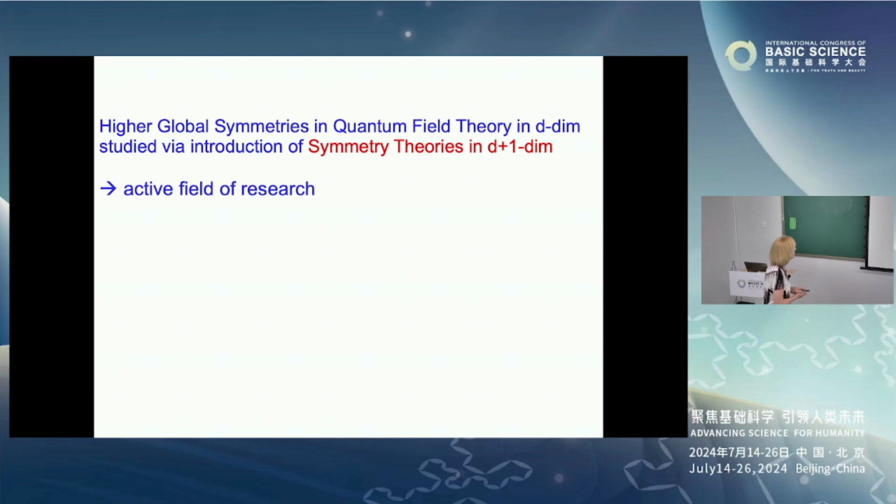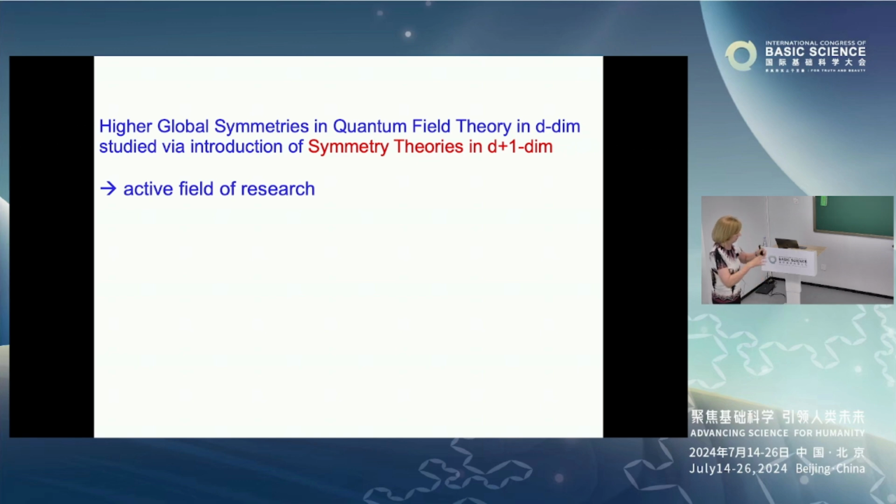On a related side, higher form symmetries in quantum field theory have recently been studied by the introduction of so-called symmetry theories in one dimension higher. It's the symmetry theory that captures this higher, more complex symmetry structure of the resulting quantum field theories.